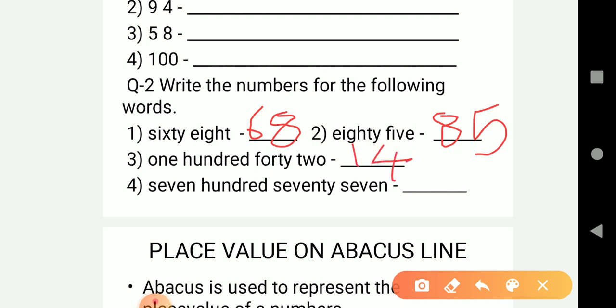Then after, 42, 142. Fourth number is 777. 7 is on the 100 place, 7 is on the 10th place, and 7 is on the 1st place. So it is 777. Okay, understood?